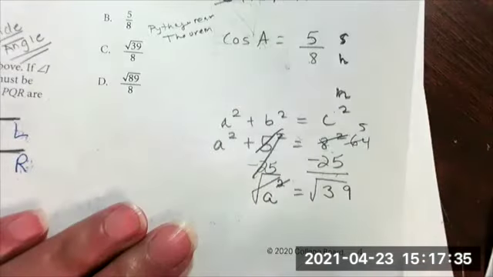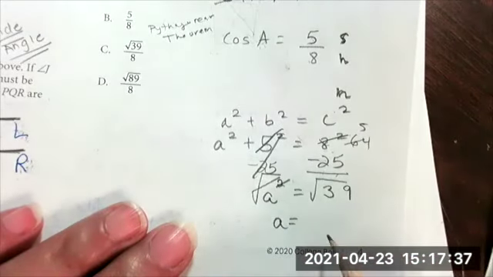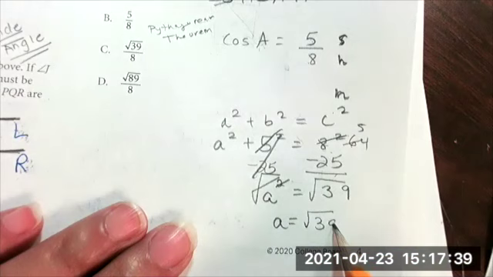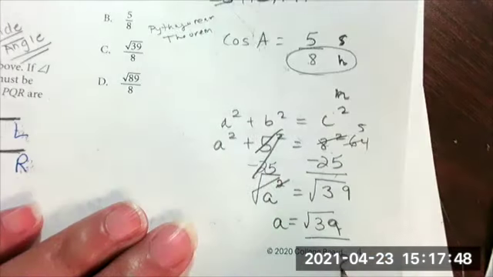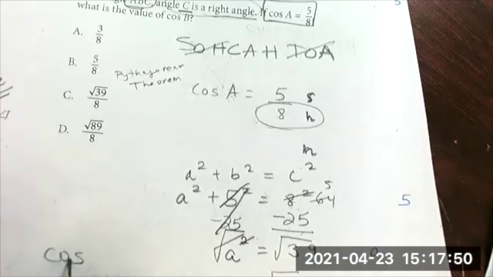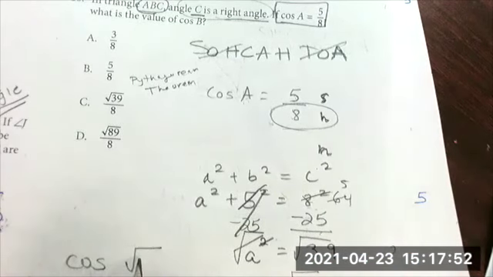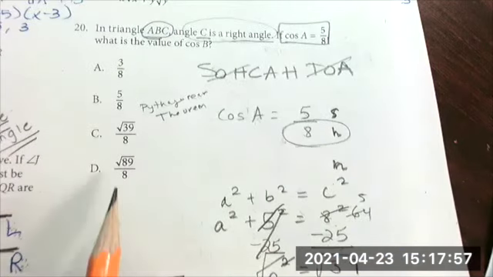Cancel that. So now you have a equals square root of 39 over your hypotenuse. Your hypotenuse is going to be 8. The cosine of the other angle is going to be square root of 39 over 8, which is your letter C.